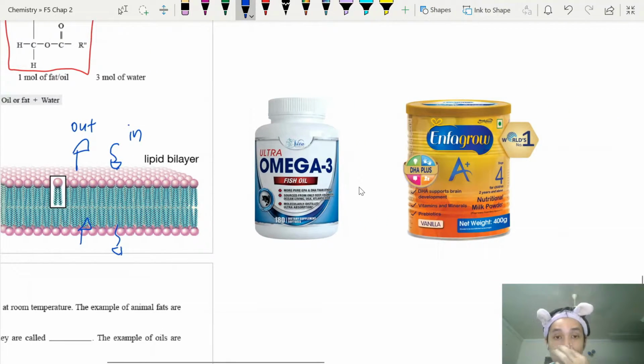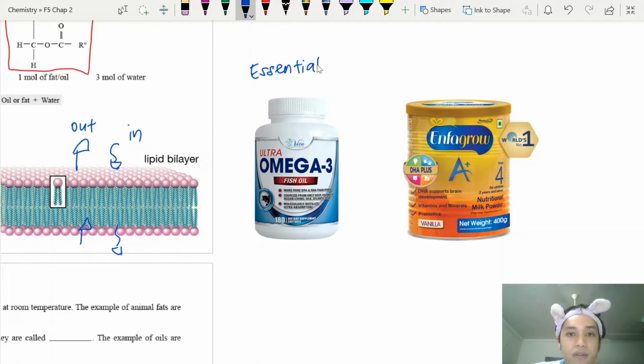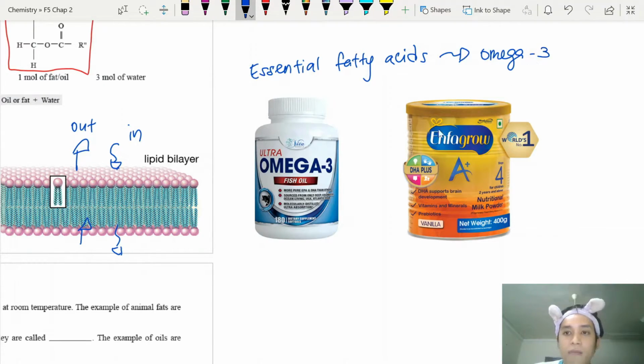So all these are examples of fats, or what we call essential fatty acids. Your omega 3 is actually an example of your essential fatty acids.